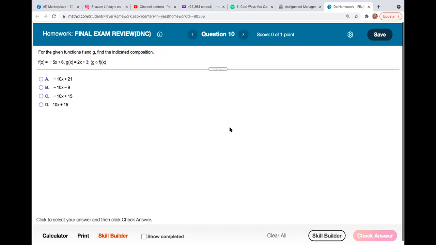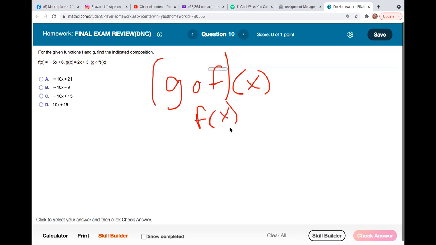So for this one, guys, they want you to find g of f of x. And this means you're going to substitute f of x into g of x.